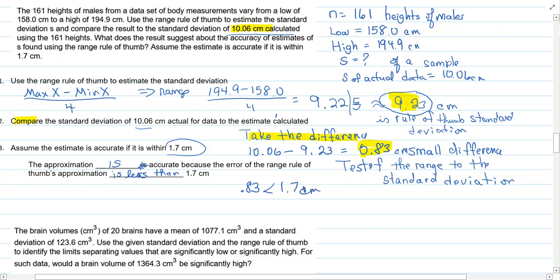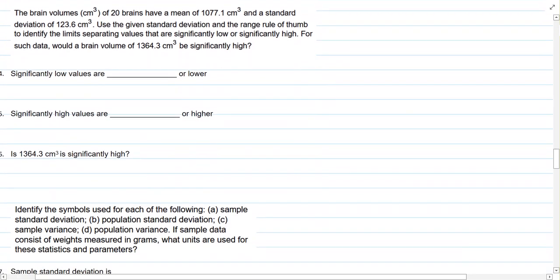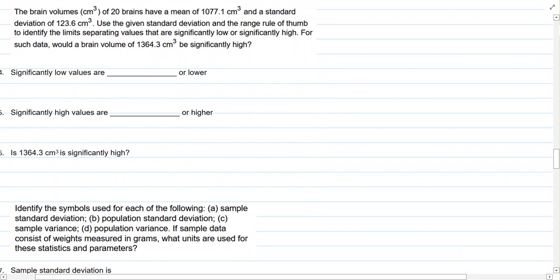So because it is so small, the rule of thumb and the data that was collected was very close to each other. So we're going to move on to the brain volume.